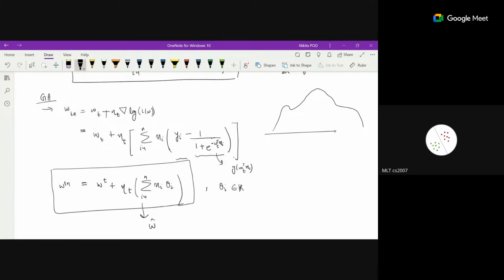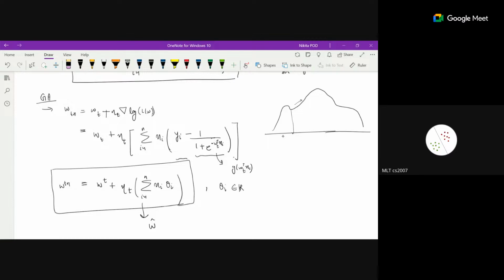We start from some W and we are trying to go up, right? We're not trying to go down. So we reach the local maximum here. In gradient descent we will reach the local minimum. Here we are reaching the local maximum.